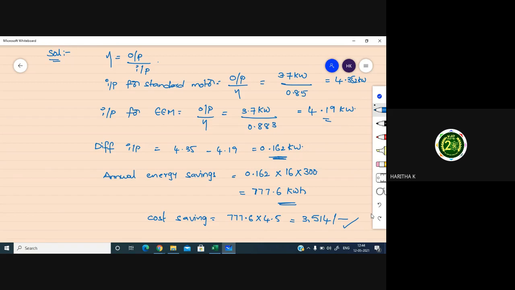Even though the initial cost is high for the energy efficient motors, it will give you the cost saving throughout the lifespan of the motor. That is very high compared to the initial investment. So this is about energy efficient motor, how to improve the efficiency of the motor. After improving the efficiency, if you compare with the standard motor, how it is saving the energy.